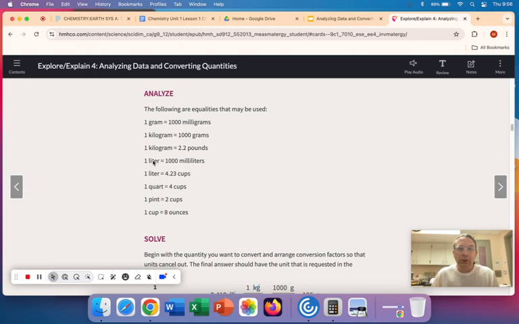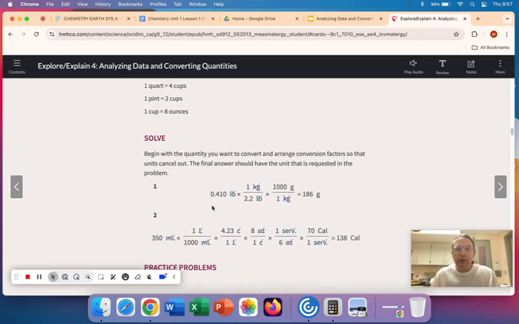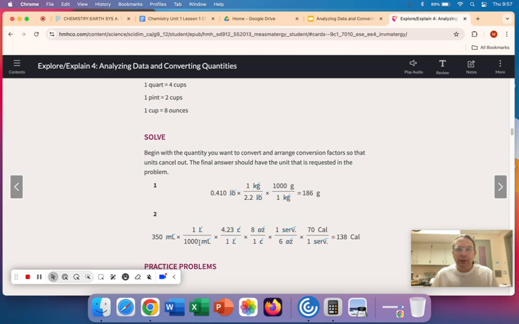So what I want to do is relate milliliters to liters, and then cups to liters, and then ounces to cups. So then I will know how many servings I have.